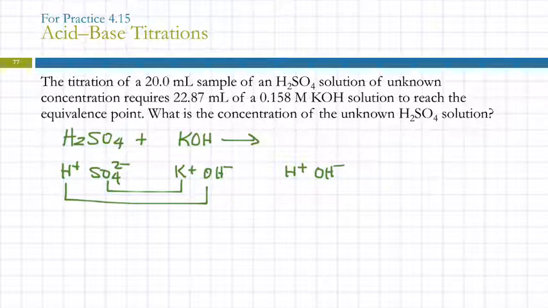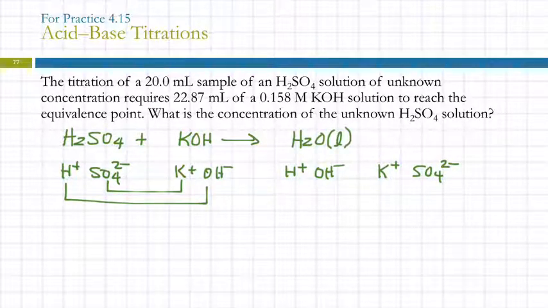And we're going to have K plus and SO4 2 minus. So the H plus and the OH give us the water, which is very typical of acid-base reactions. Over here, by looking at the charges, we can see that this product is K2SO4. And solubility rules help us to predict that that's soluble.